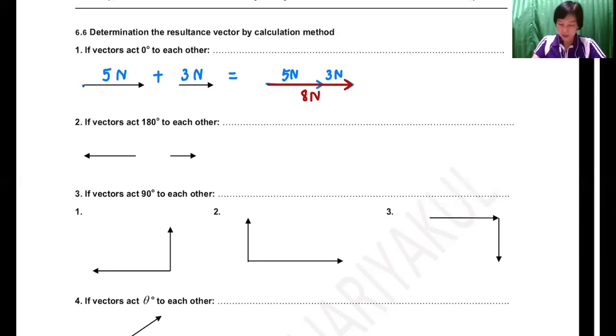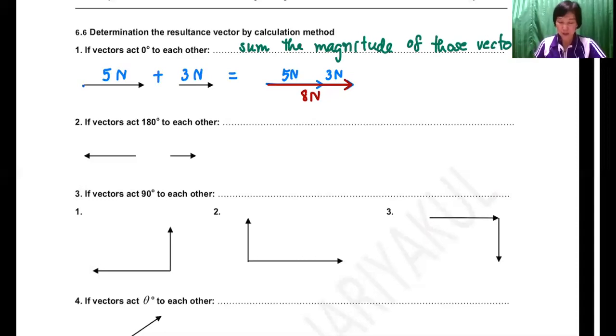Okay, so I will summarize here that if we have vectors that point to the same direction, parallel to each other, or the angle between them is 0 degree, it means that we can add or sum the magnitude. We can sum the magnitude of any vectors that are at an angle of 0 degree against each other.